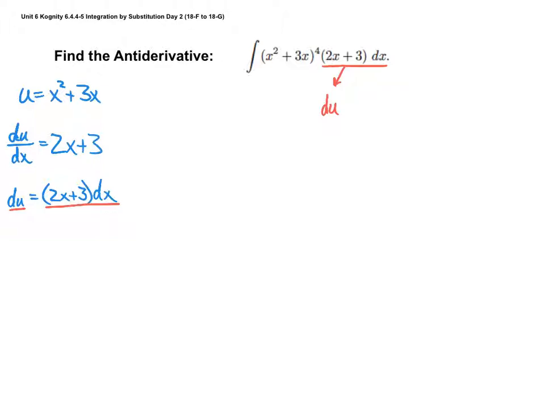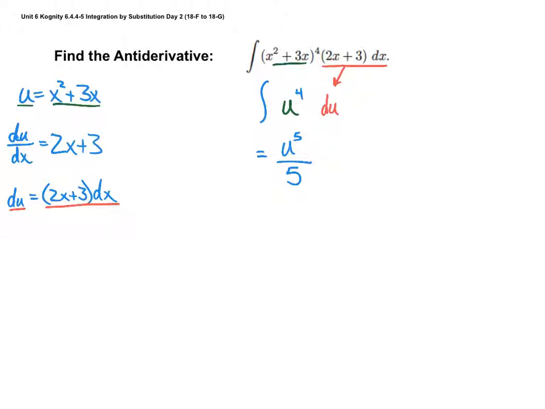It's simple. Okay, so notice here, this right here was our u, the x squared plus 3x, so now I have u to the fourth du that I'm taking the integral of. What's the integral of u to the fourth? 1/5 u to the fifth, or u to the fifth over 5.